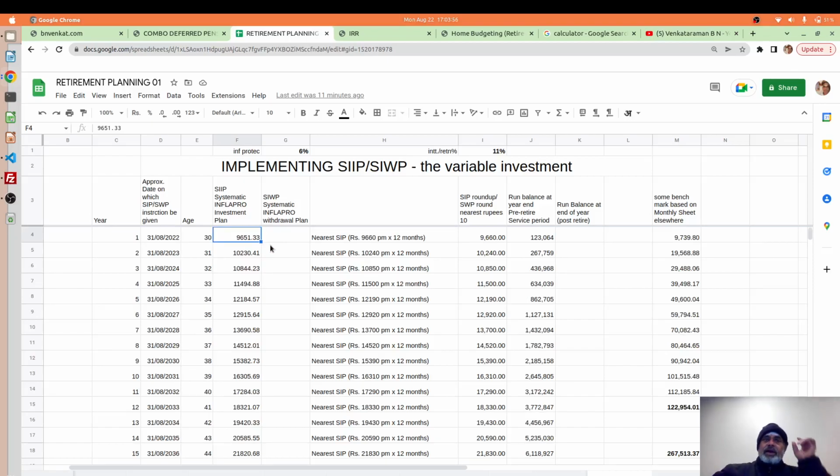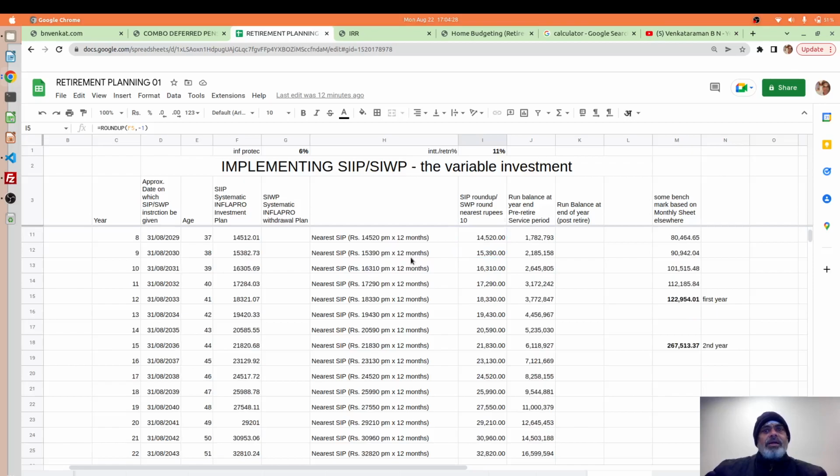This 9651.33 figure is a little odd. It is not possible to invest at this exact 2 paisa. Therefore, we will take the nearest rounded-up figure. During the investment stage, you make it round up. The formula is round up of F4, rounded to -1, that is, rounding up to the nearest 10 rupees.